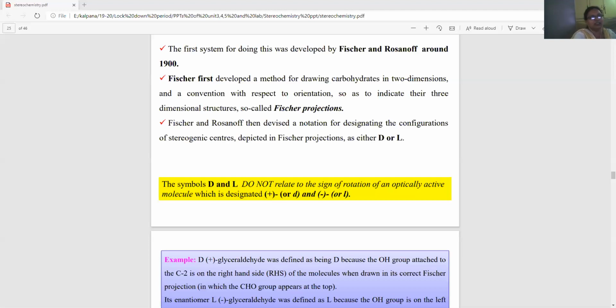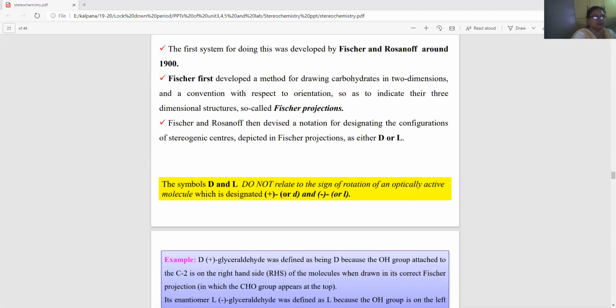Then anti, where you can see CH3 and H opposite. The bulkier groups are present opposite to each other. In the eclipsed form, you can see all the groups are eclipsed, so you can't see the other groups.